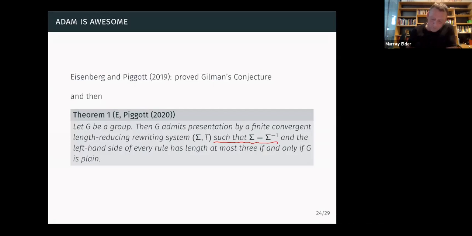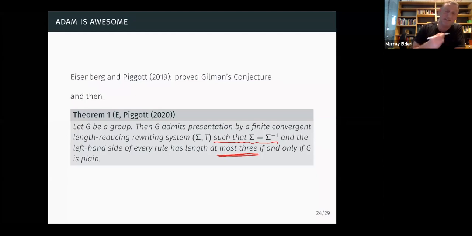And caveat number 2, the left-hand side of every rule has length at most 3. Because Gilman's conjecture tells us about when the left-hand side has length 2. So what we've done here is we've pushed the boundaries of this area by 1. We've added 1. So I'm pretty impressed, but I leave it to the audience.